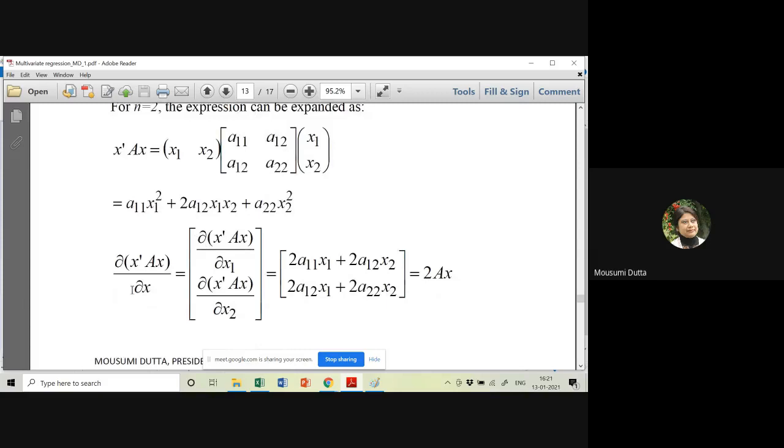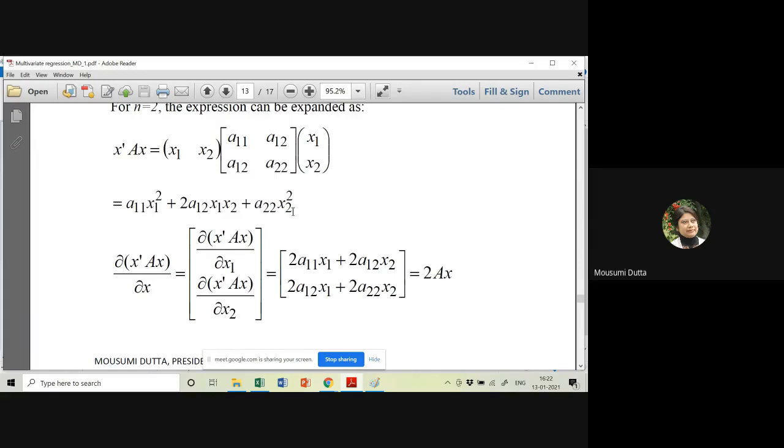If I take the derivative del x prime Ax by del x, basically I have to take the derivative of x prime Ax first with respect to x1 and then with respect to x2. If I take the derivative with respect to x1, from this equation I am getting 2a11 x1 plus 2a12 x2.